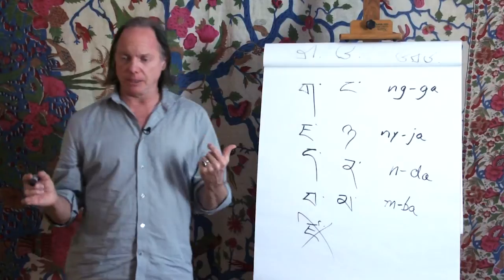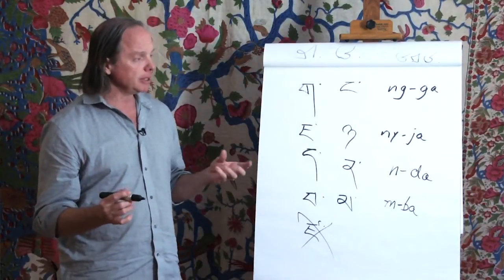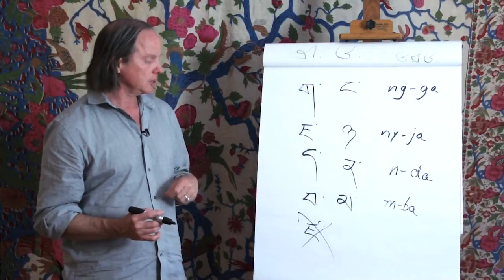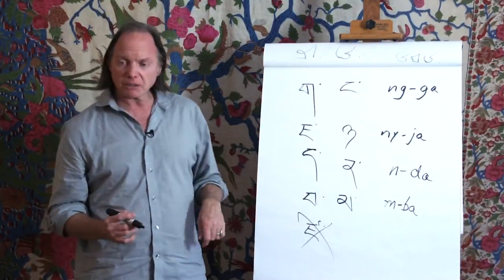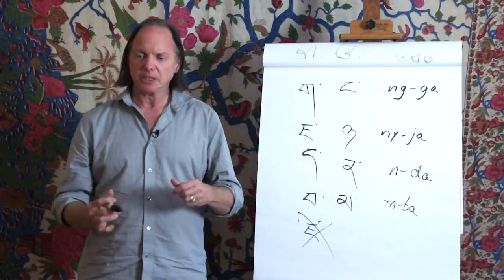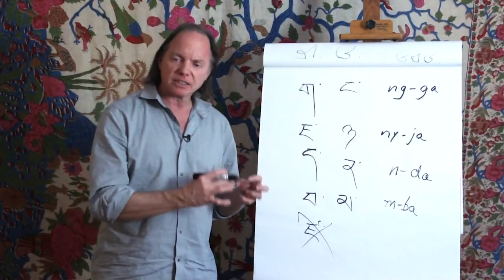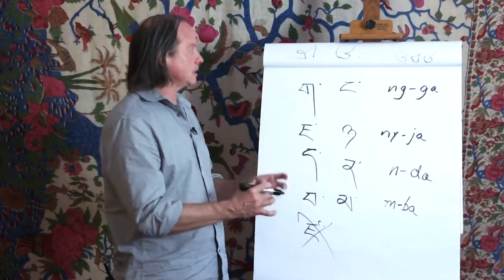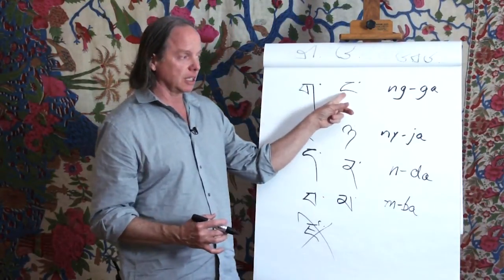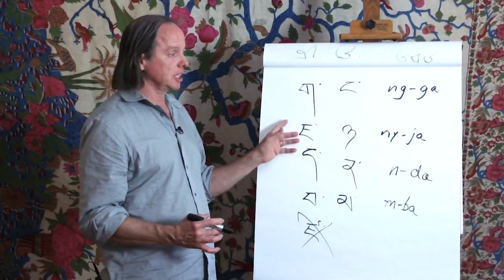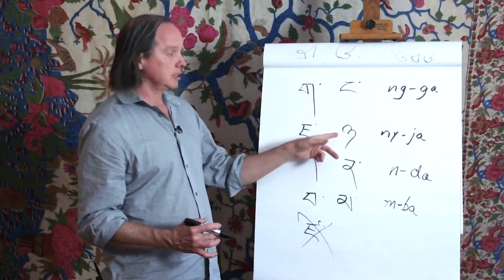So if you want to, we could go forever, but if you want your Tibetan to be totally accurate, and if you want to be accurate in Sanskrit, you should learn where the floating nasals, meaning their value depends on the next syllable, on the next consonant to come. If the next consonant to come is a G, you're going to use ng. If the next consonant to come is any kind of palatal, cha, or ja, you're going to use nya.